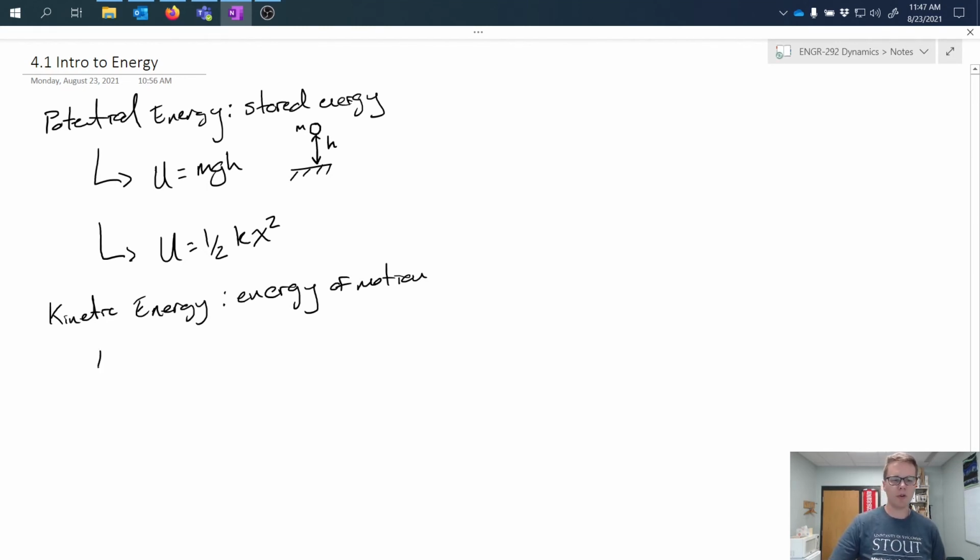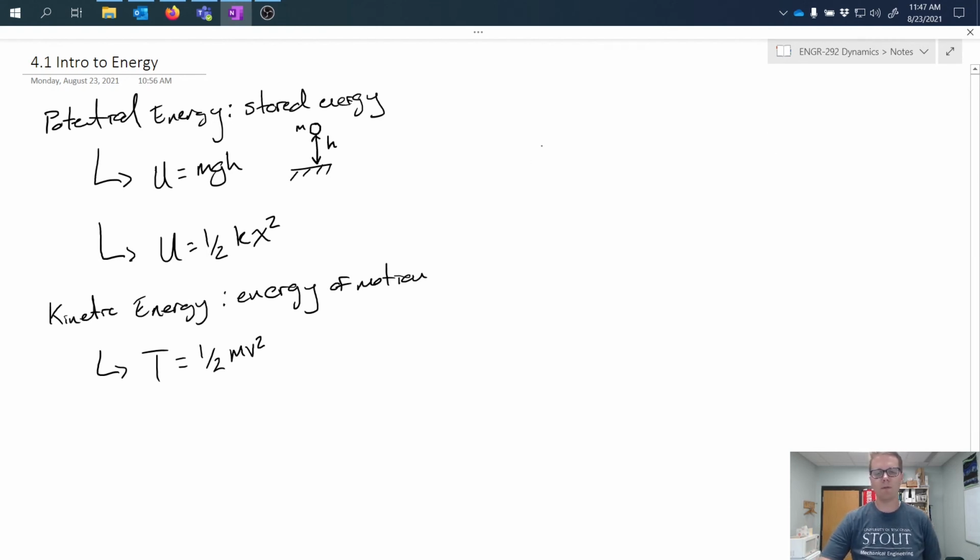So for my purposes here, I'm going to denote kinetic energy with a T, and I'm going to say that our basic equation to start with is 1/2 mv squared. So we have 1/2 times the mass of our object times the velocity that it moves at squared.